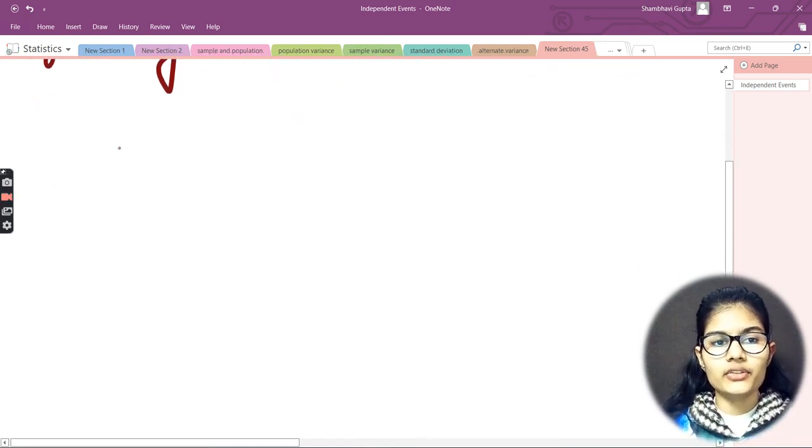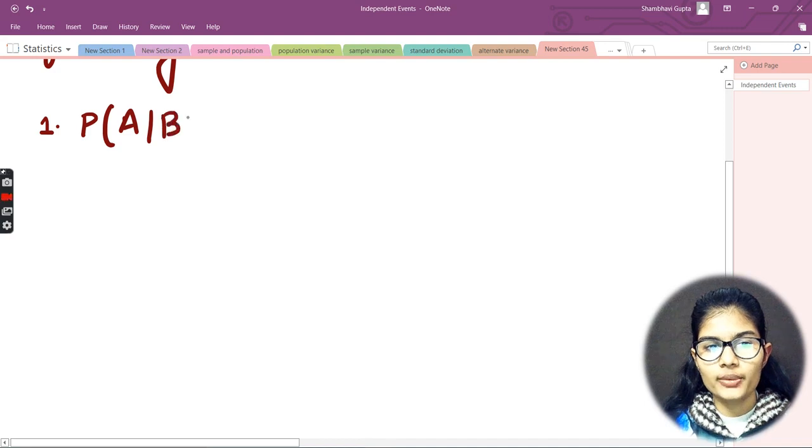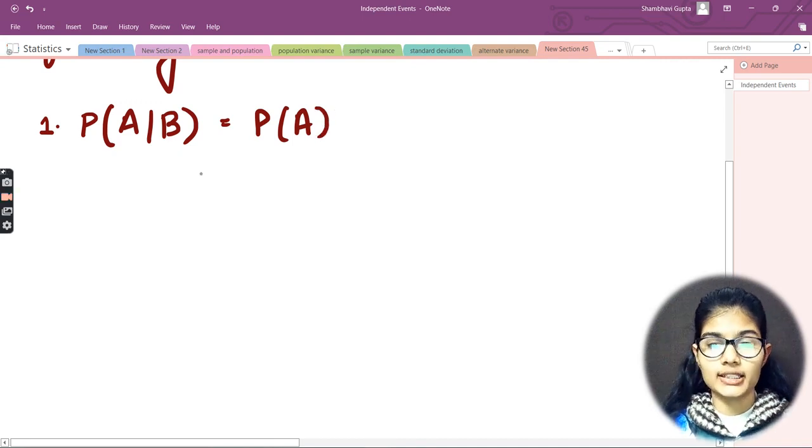The very first condition is that the probability of A given B is the probability of A. This is the first condition that can be checked when testing whether the respective events are independent or not.